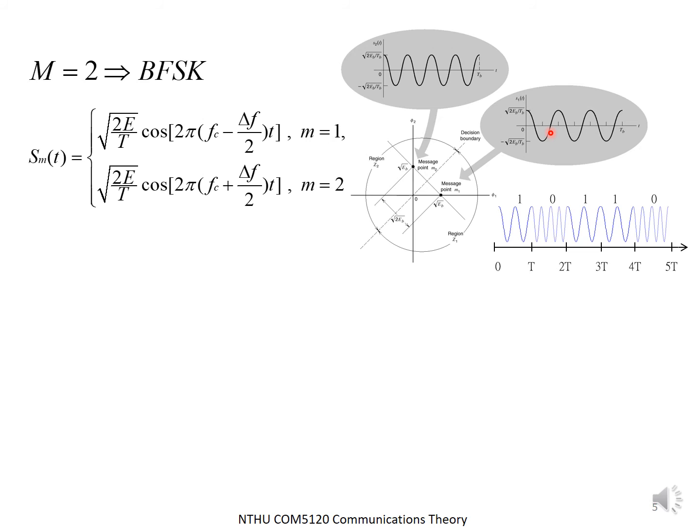Together, we have this binary BFSK transmission, where every symbol time T, we have one of the carrier frequencies. Each frequency represents either 1 or 0 of the message.